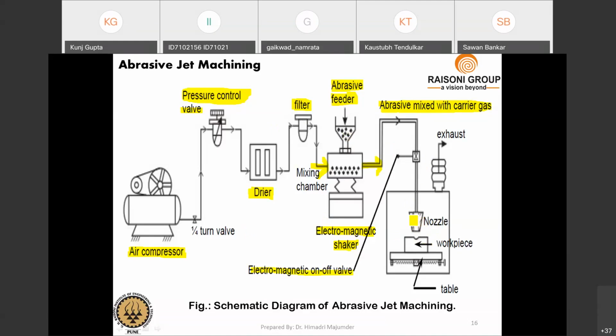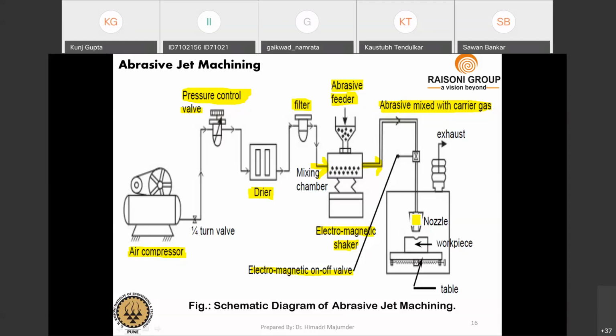Also, using this nozzle you can fix at which angle you will strike your abrasive mixed carrier gas on your workpiece. That's why we can get a high velocity abrasive.